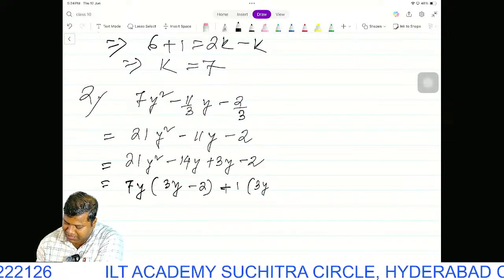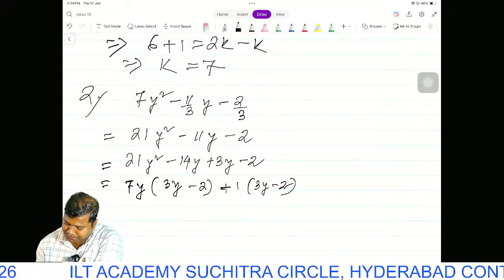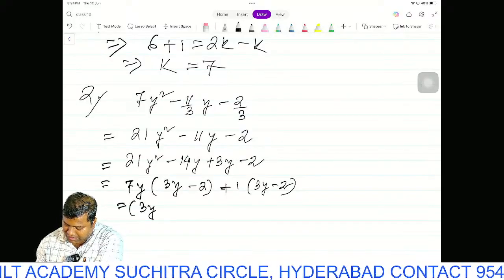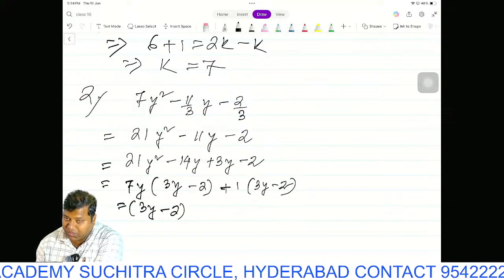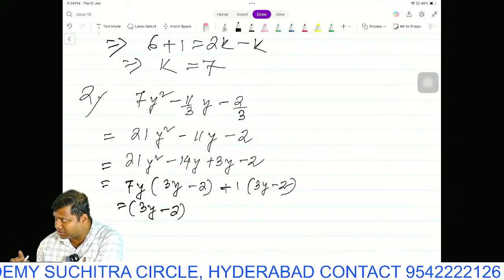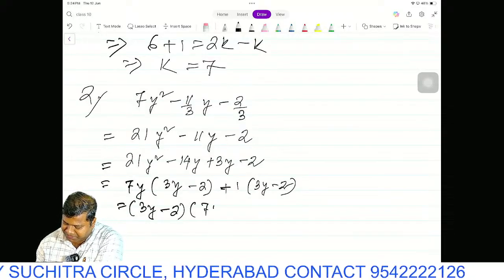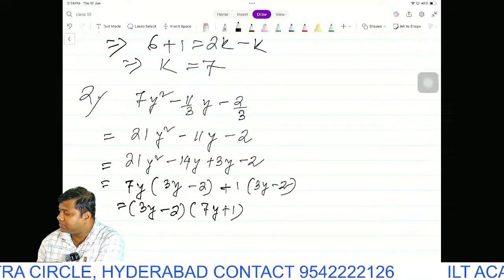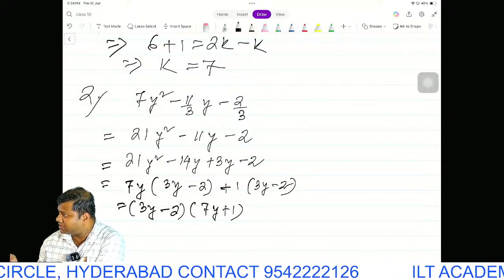This is 3y minus 2, right? So this is 3y times minus 2. If I take whole 3y minus 2 as common, then what will come? 7y plus 1, right? You got the same answer?